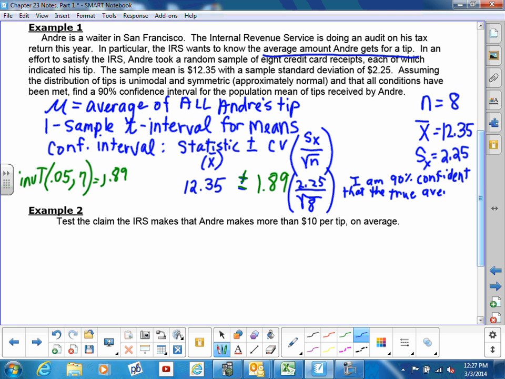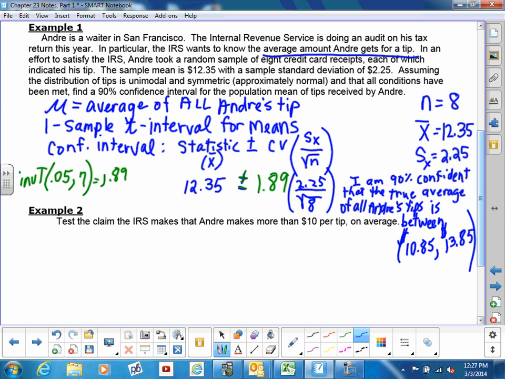The true average of all Andre's tips is between, I think it ended up being 10.85 to 13.85. I'm not positive on that, but I think that's what I remember somebody got last class period. Okay. Ta-da!